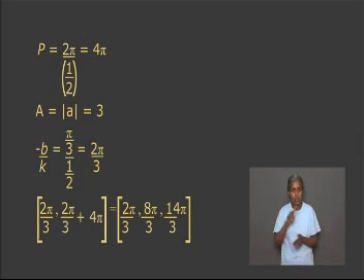Now we know that 2 pi over 3 is one of our zero values. Using our period of 4 pi, we can find our other zero values at 8 pi over 3 and 14 pi over 3.